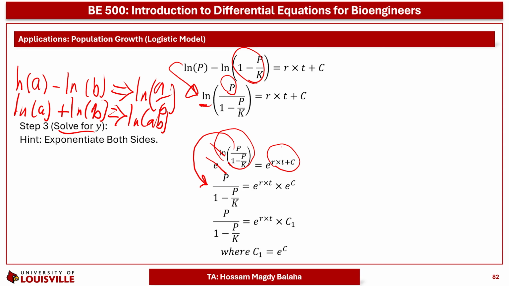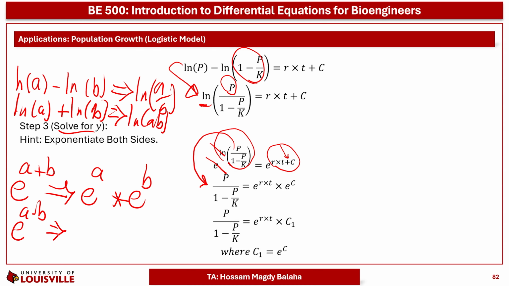And because there is a plus here, it will be converted to multiplication, because e to the a plus b will be converted to exponential of a multiplied by exponential of b. The same for e to the a minus b, it will be exponential of a divided by the exponential of b. As you notice, the rules here are the opposite.